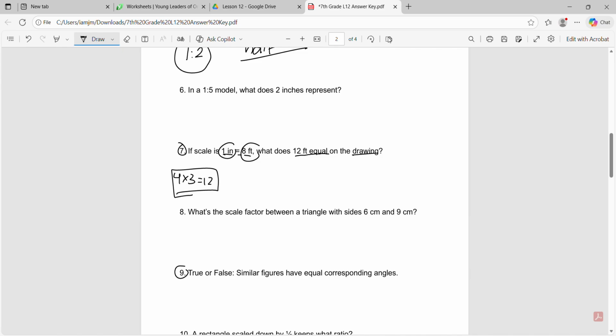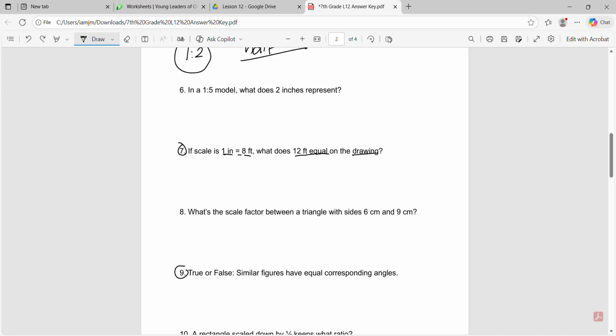We can't multiply anything to 8 to make it 12. It is too big of a number. We have to divide the 8 by 2 so that we can get 4. Then multiply both sides by 3 to get the 12 feet and the drawing scale.